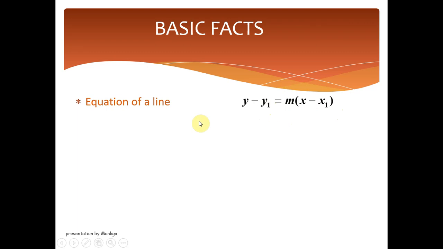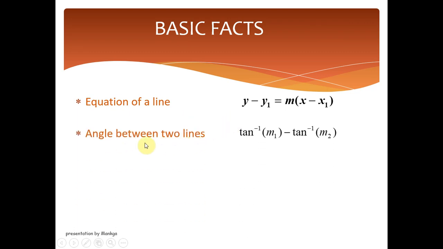Simplify, then you'll get the equation of a straight line. Or alternatively, you can use the traditional equation y is equal to mx plus c. You calculate the gradient, you substitute x and y, then you calculate the value of c. Then you complete your straight line equation.